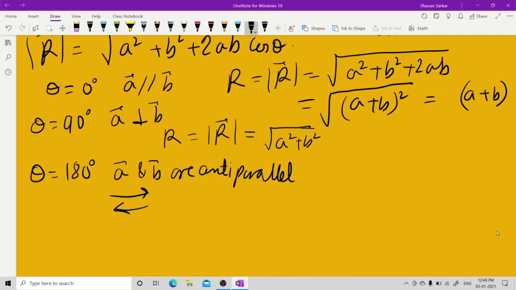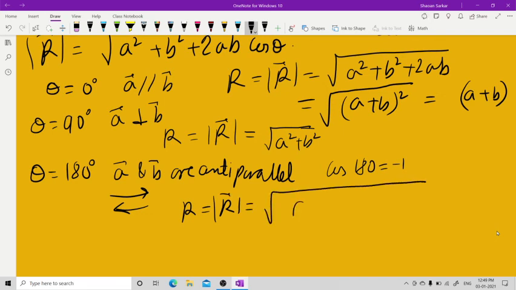That means cos 180 is minus 1. So this R you can write like this, or the R vector like this. This will become under root of a square plus b square minus 2ab, because cos 180 is minus 1. So this will become under root of (a minus b) whole square.